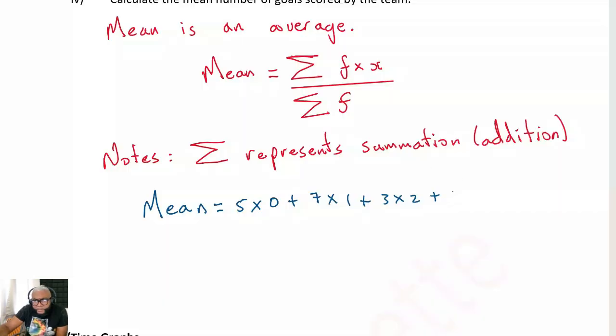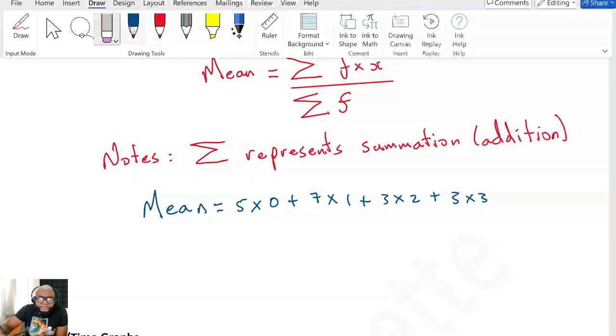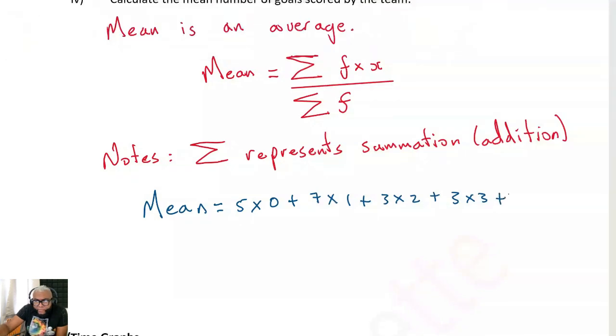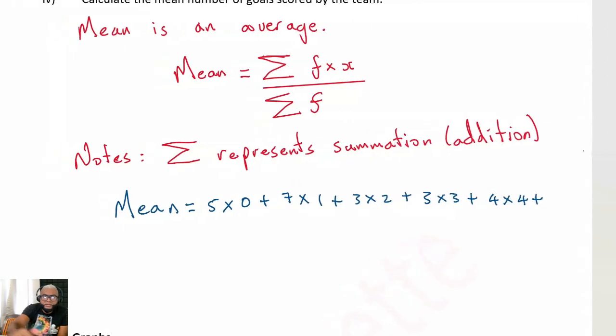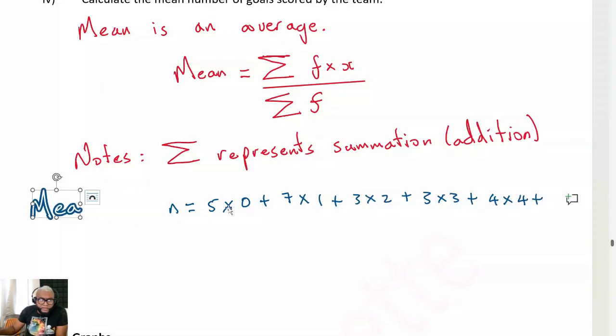Next one? 3, 3. Next one? 4, 4. Plus 4 multiplied by 4 plus 2 multiplied by 5. After 2, 5 is 1, 6. Nice. All right, that's right.